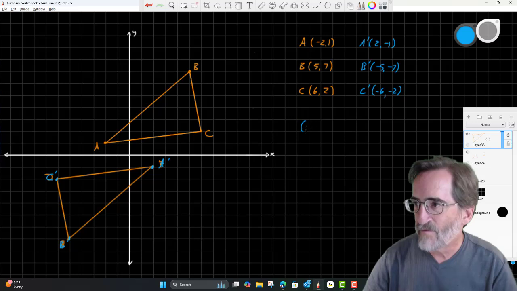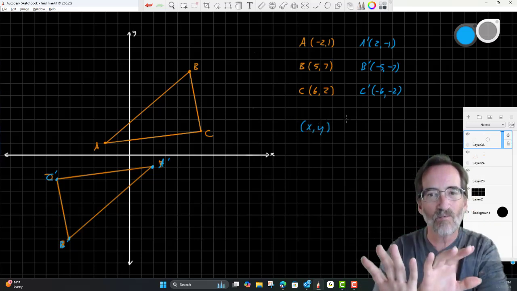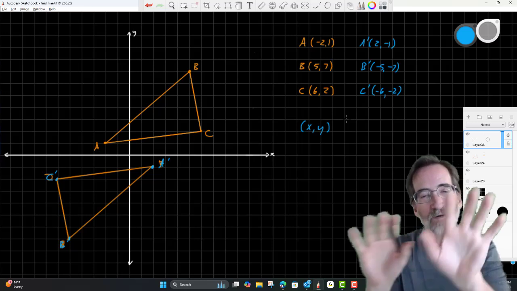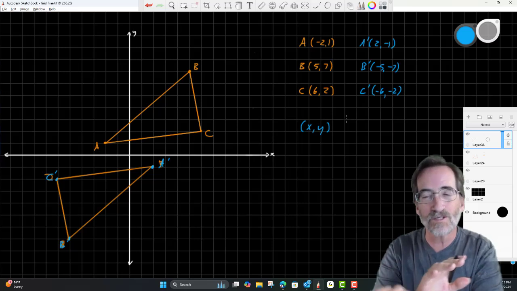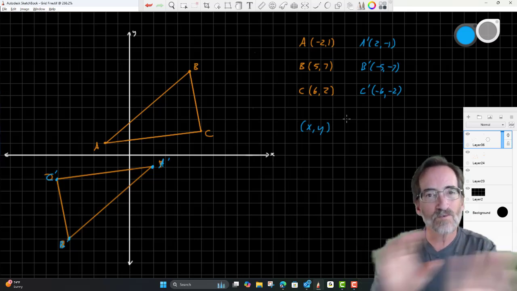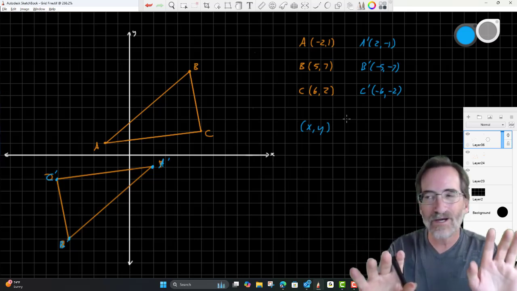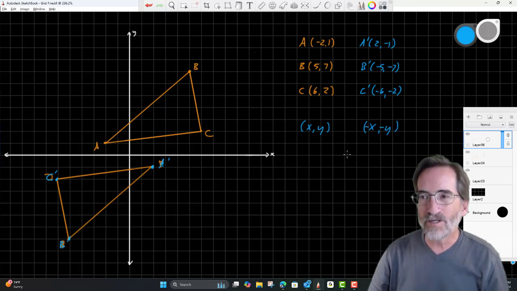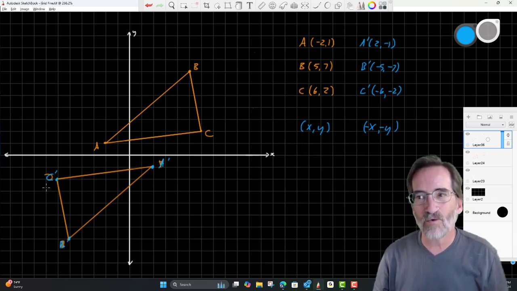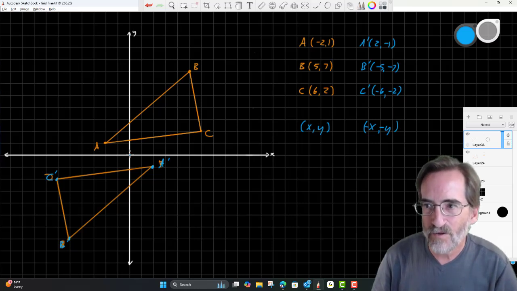Look at what's happened to the x's and the y's. They've switched places, and one changed sign for a 90 degree rotation. For another 90, they switch places again, and the other one changed signs. So when they switch places and switch back, the order is the same, x, y, but the signs on both are different. We've actually done this before. This was the same as a reflection across the origin.